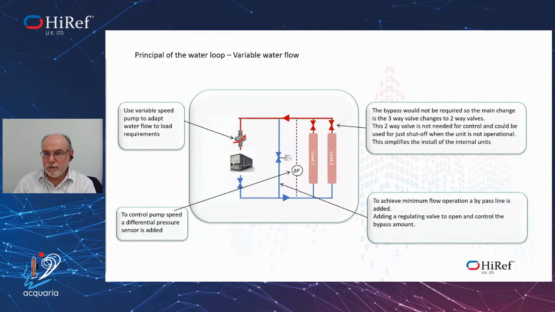This needs to be considered because you could have many of these apartments with units switched off because people are on holiday, or they're not in the building for a certain amount of time.